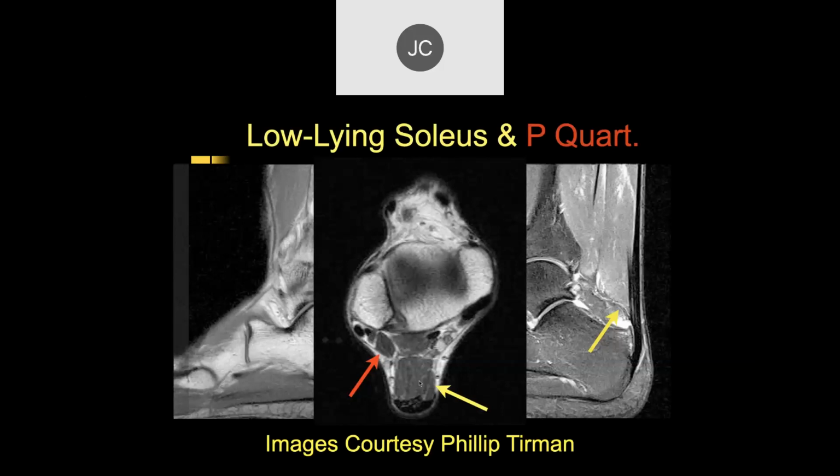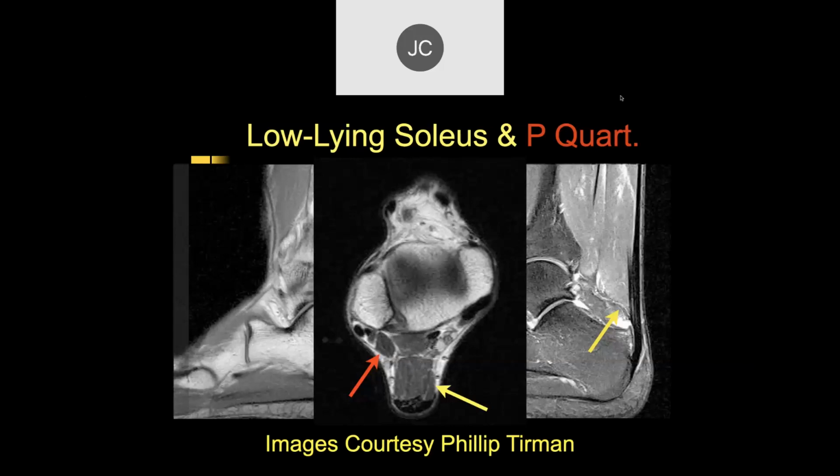And this was a low-lying soleus, and also a muscle over here, which is fairly common, usually not described in radiology reports, which is between the peroneal tendons and the peritenon fat, which is called the peroneus quartus muscle.